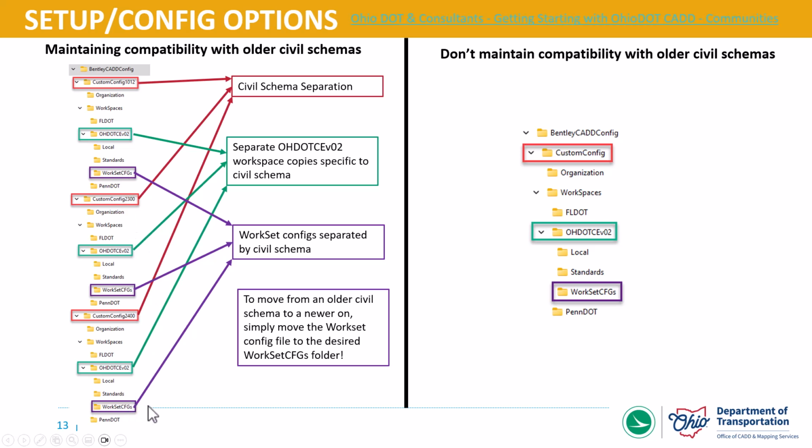I wouldn't move backwards because those files' priority is on the newer schema, and moving backwards would just cause compatibility issues. Now, if you're not trying to maintain compatibility with the older versions, you really only need one workspace right here, as an example, and you would just update that over time, and you wouldn't need to maintain all the extra copies because you're not caring to maintain compatibility.